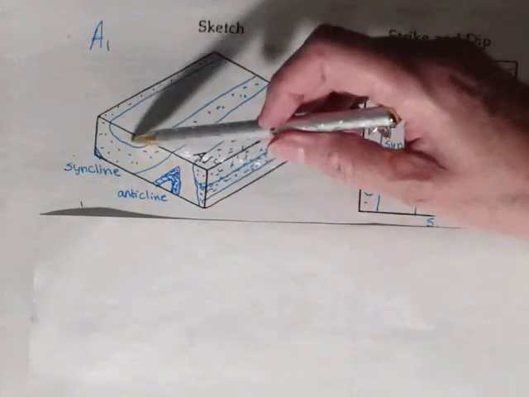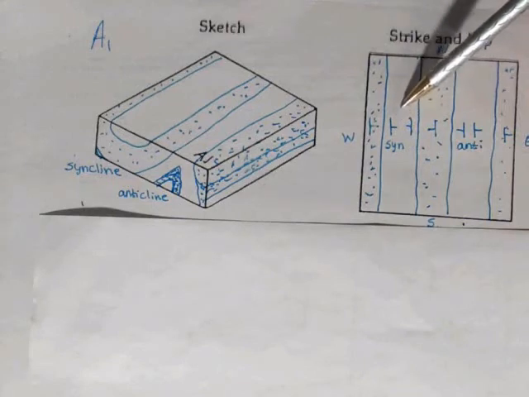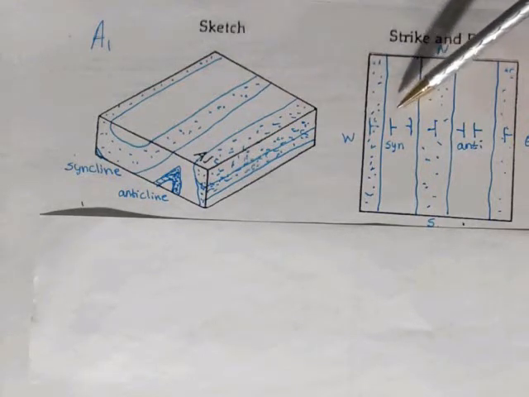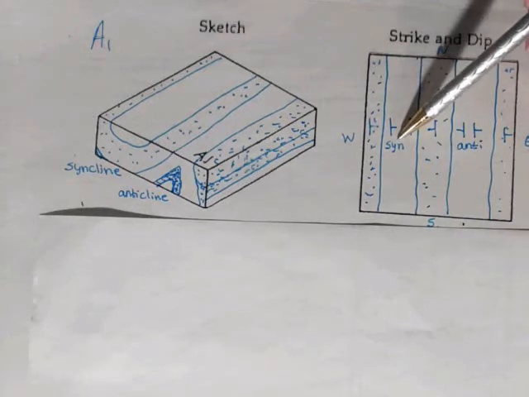A geologist could look at just this map, without even having the sketch, and because of the orientation of those symbols, two strikes with the dips going toward each other, that would signify a syncline, the very base of the trough of the syncline.